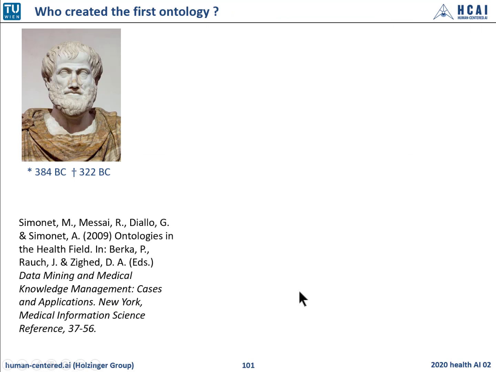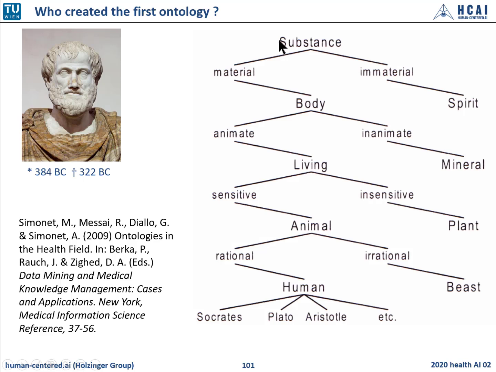And who created the first ontology, or who is the father of ontology? Of course, as many others, Aristotle. And he defined an ontology as a theory of reality. This is, of course, from a philosophical perspective, but it is a conceptualization of what exists, and this is useful for artificial intelligence, of course. Here, in practice, an ontology consists of categories of individuals organized in taxonomies and connected by various relationships.